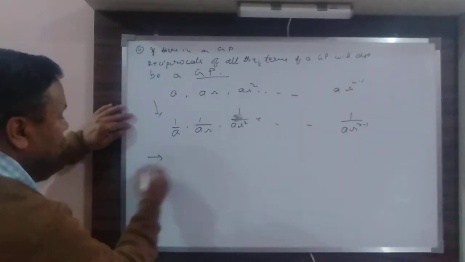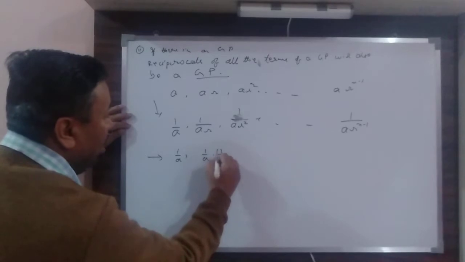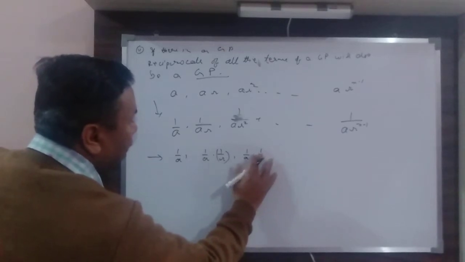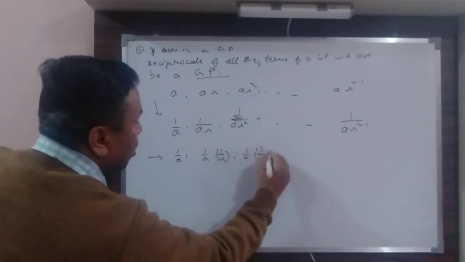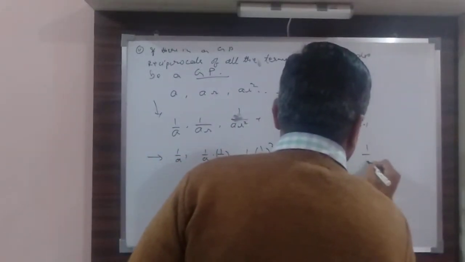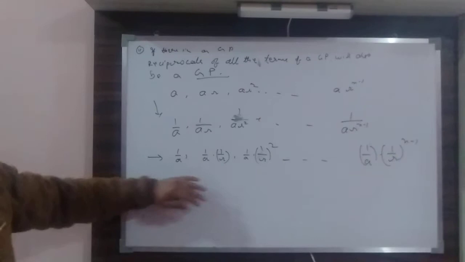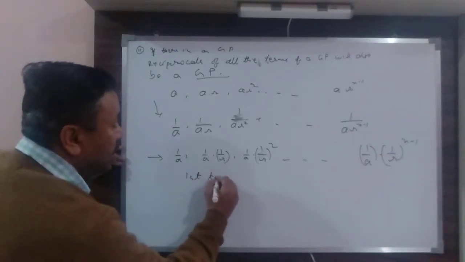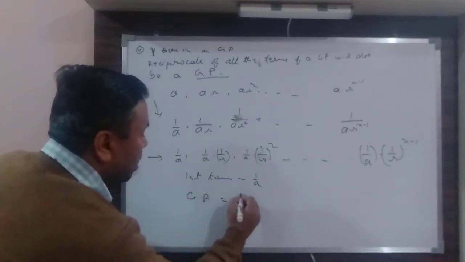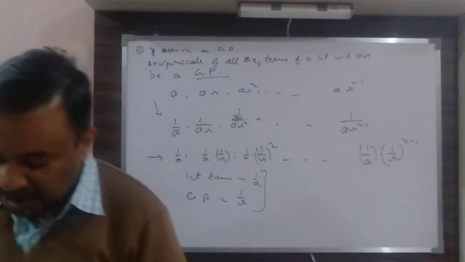Or I can say it as 1 by A, then the second term 1 by A multiplied by 1 by R, then the third term 1 by A multiplied by 1 by R square, and similarly the last term can be written as 1 by A multiplied by 1 by R raised to the power n minus 1. So this is also a GP where the first term is 1 by A and the common ratio is 1 by R. So by this you are again getting a GP.